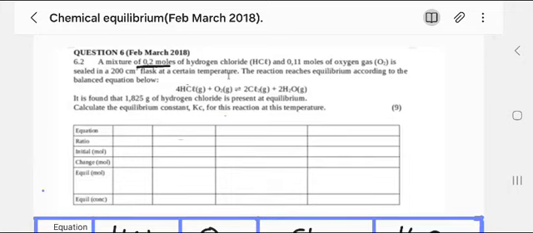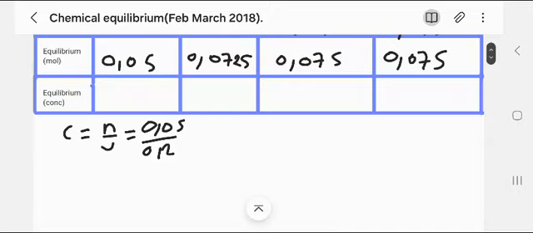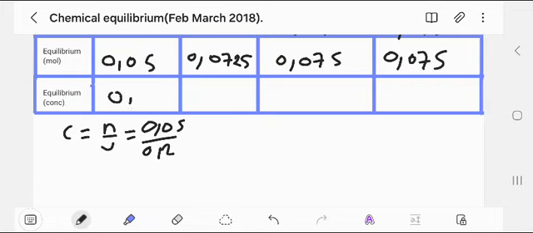Then you divide by 1000, you'll get this to be 0.2, right? Then your moles in the first block will be 0.05 divided by 0.2. There you'll get 0.25.